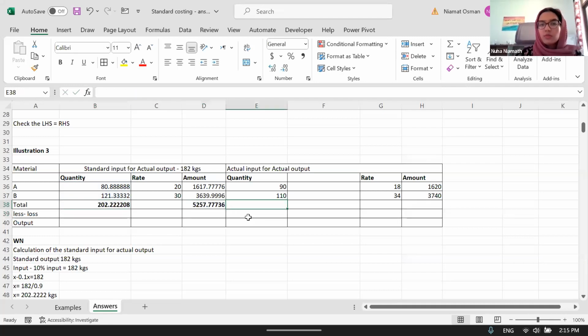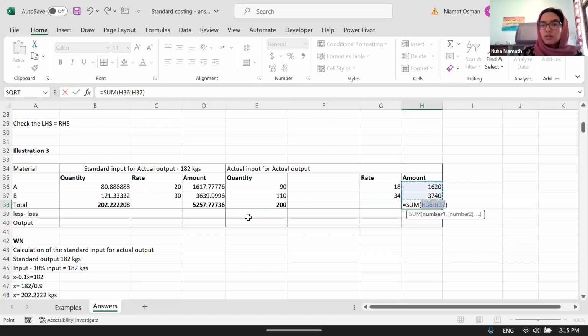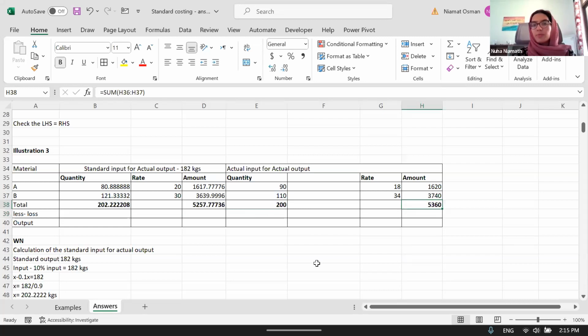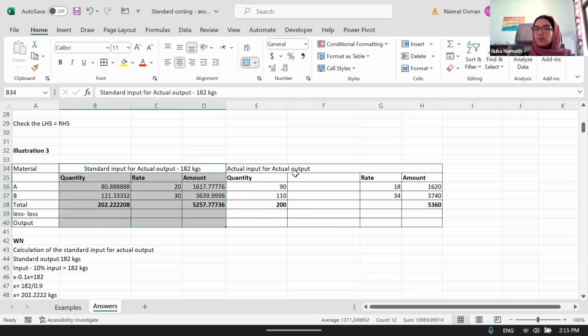Total amount: I have used 200 kgs. And this is my total amount.